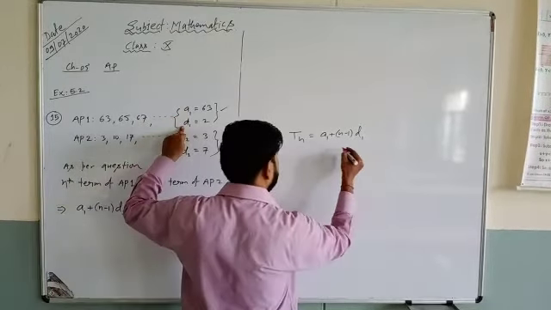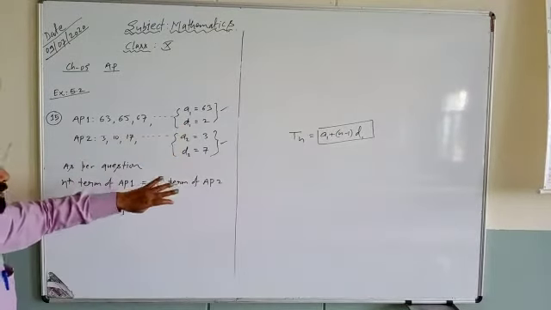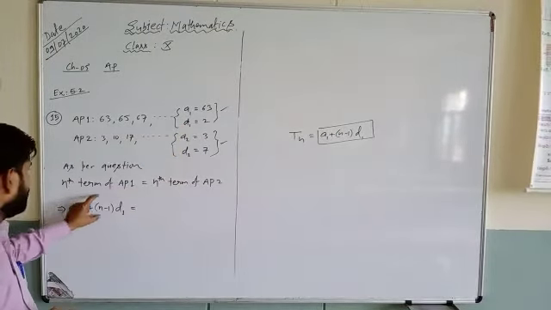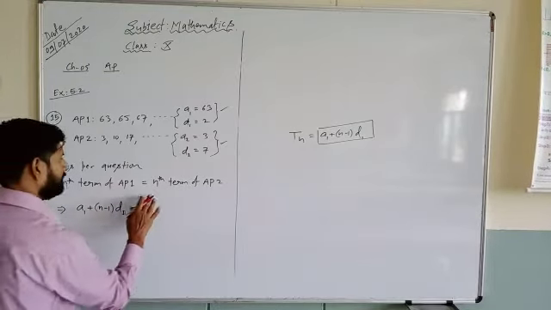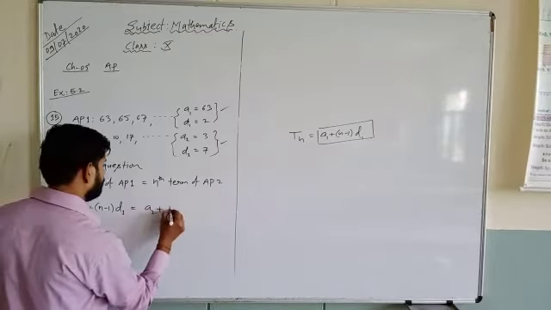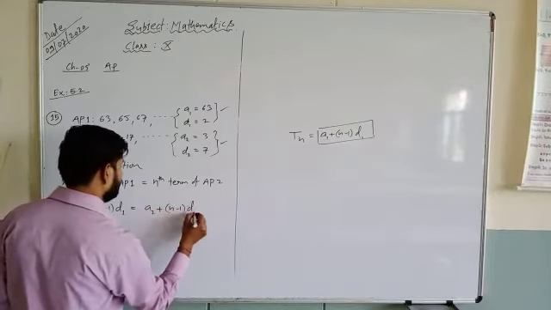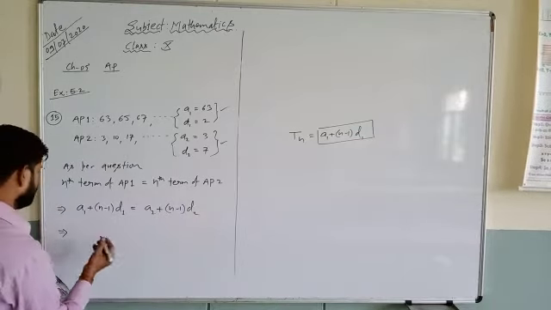So A1 plus n minus 1 into D1 is the nth term of the first AP. Similarly, for the second AP, we write A2 plus n minus 1 into D2. Now write the values of A1, D1, A2, D2.